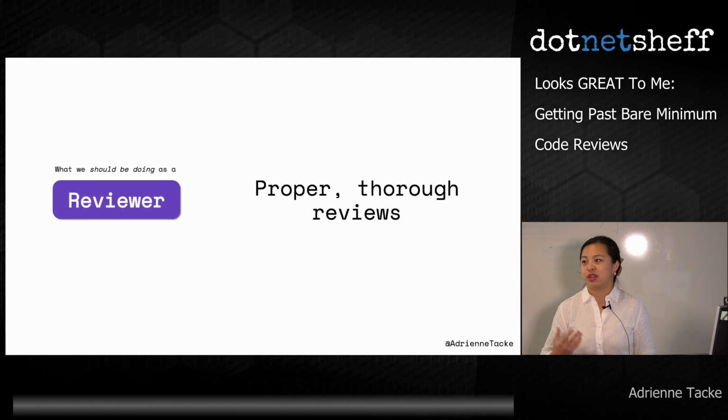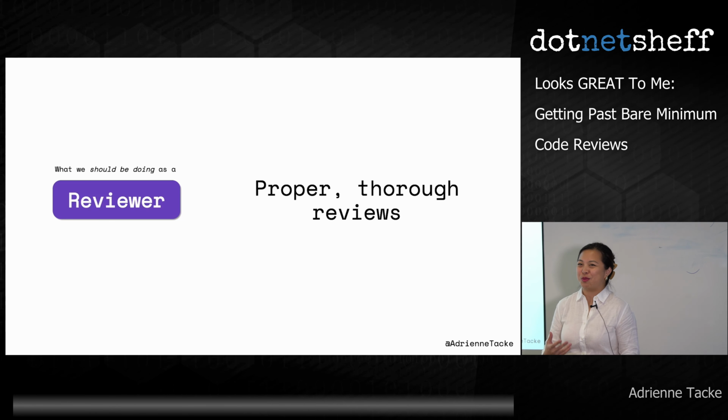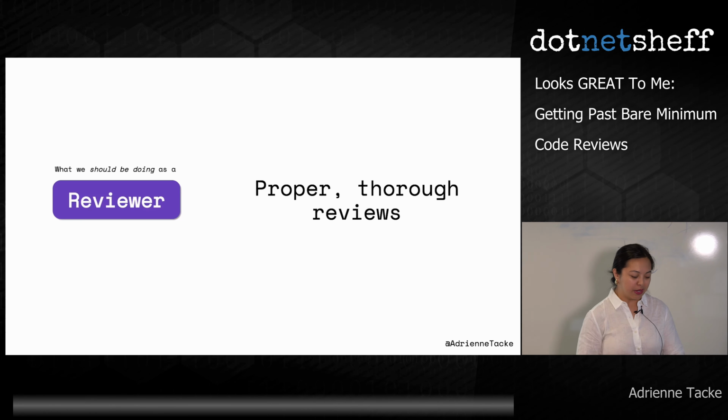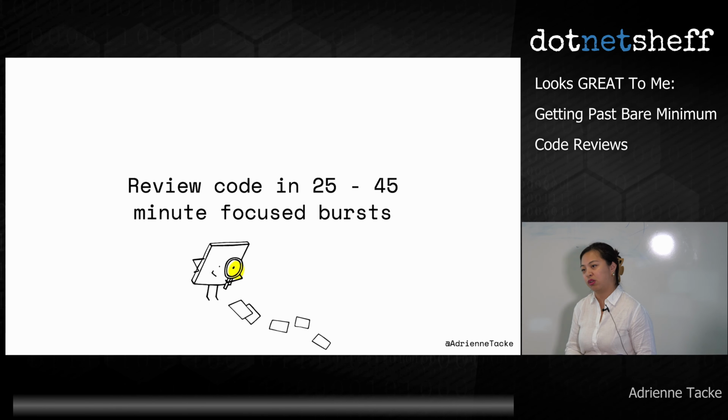Next thing we should do is proper, thorough reviews. We know this, yet we always find a reason why we might need to skip through them. But if we really take the time to understand that proper, thorough reviews yield us the benefits of doing code reviews in the first place, this is something that we should strive to continue to do and try to lead by example on our team. Part of that is that sometimes they just take too long, right?